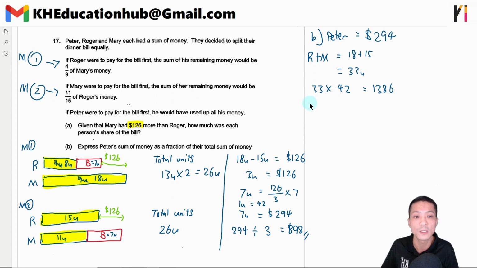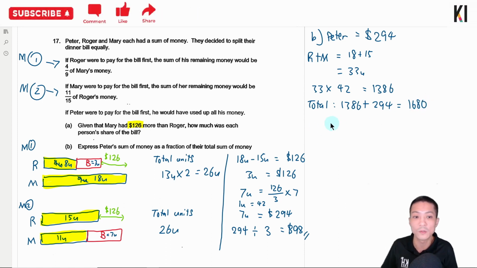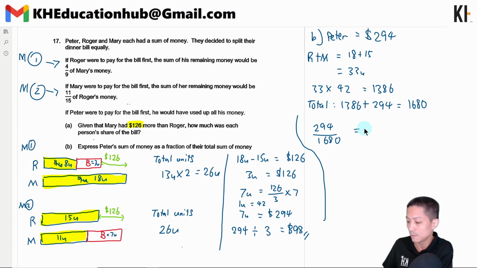So Roger and Mary are 1386, plus Peter's 294, which is 1680. So to express Peter's sum of money as a fraction, it'll be 294 out of 1680, which will be equal to 7 out of 40. So this will be the answer for part B.